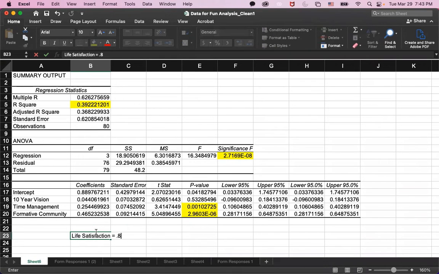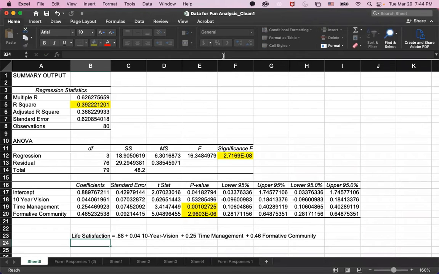So if I write this one again, life satisfaction equals 0.889 plus 0.04 10-year vision plus 0.25 time management plus 0.46 formative community.